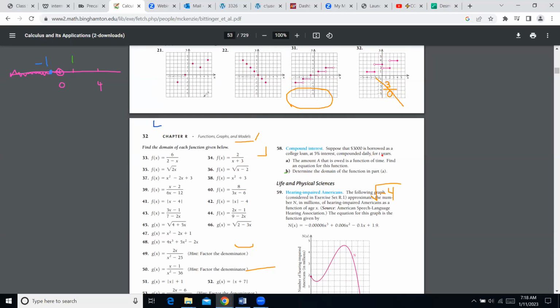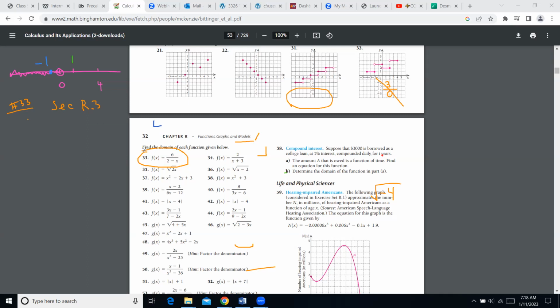So in exercise 33, what about the domain for a function? This is section 3 of our review, so it's called R.3. What about the domain of the function 6 divided by 2 minus x?